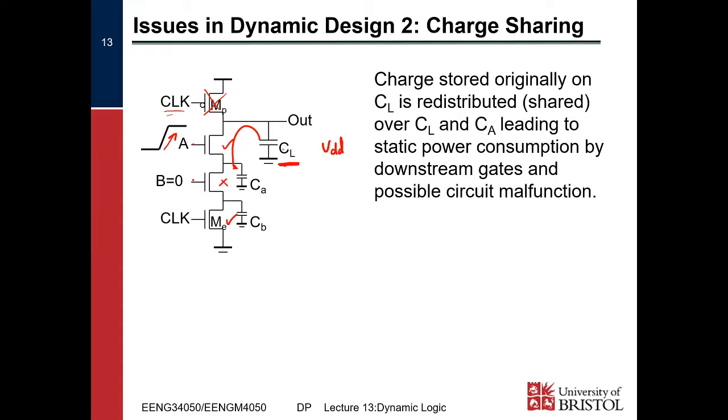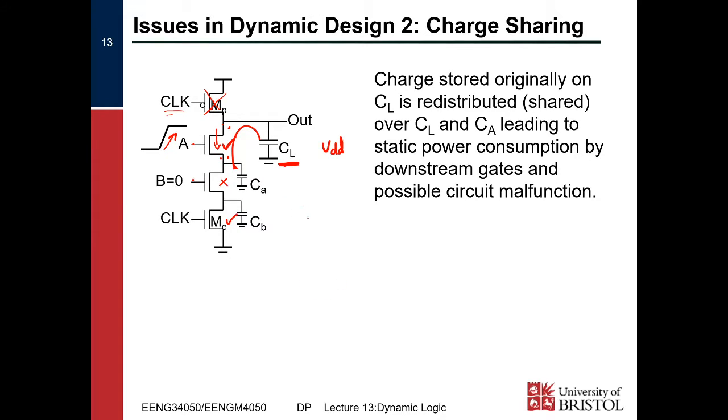We'll see that the charge, which is initially stored purely in CL, will then be redistributed into CA as well as CL, right? So it will balance out the voltage between these two. Because this is now connected, we've got two different potentials here and here, so a current will flow through until the potential at this point and this point equalize, okay?